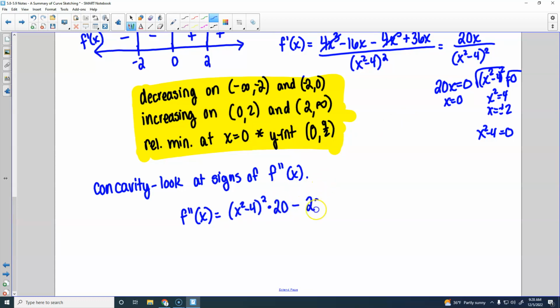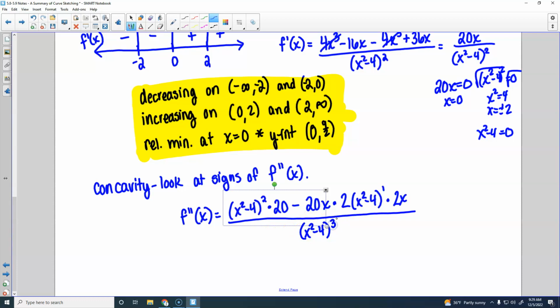Then we would have 20x times the derivative of x squared minus 4 to the second power. You've got to use chain rule right here. So you've got 2 times x squared minus 4 to the first power times the derivative of the inside, which is 2x. And all of that would be over x squared minus 4 cubed.